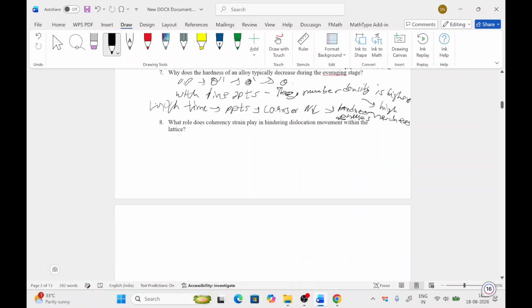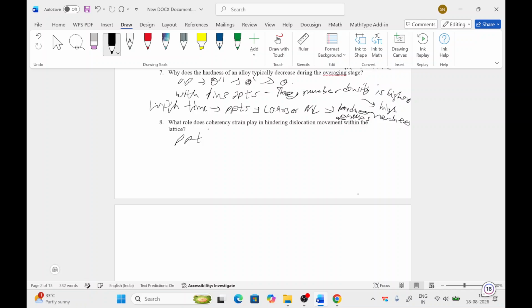Next question is, what role does coherency strain play in hindering dislocation movement within the lattice? Coherency strain arises between the precipitate and matrix.